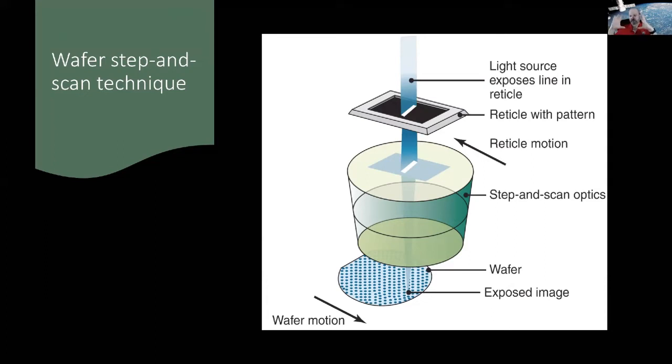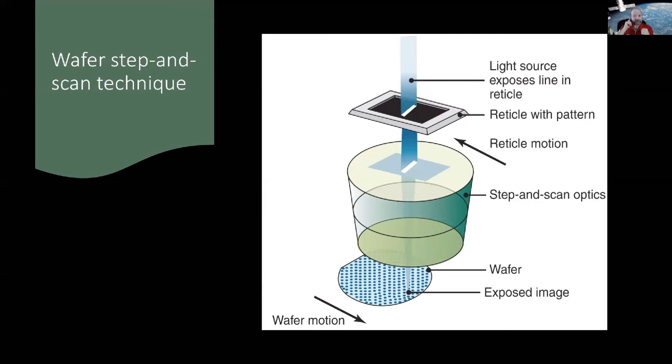So the lens stays still and the mask and the wafer move, generally in opposite directions, because the image is usually flipped. And as you expose, you can also move the wafer up and down to keep it in focus, and you can tilt it as well.